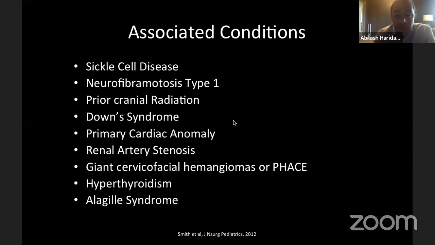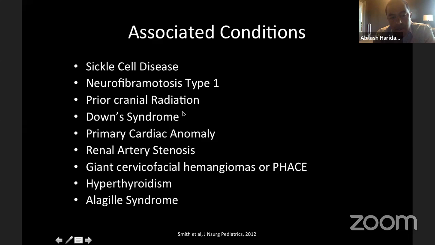I'm not saying every patient who has these conditions will develop moya moya, but when you see these patients in your clinic, you should have a slightly higher suspicion, especially if they come in with stroke-like symptoms, that moya moya is a possible diagnosis.